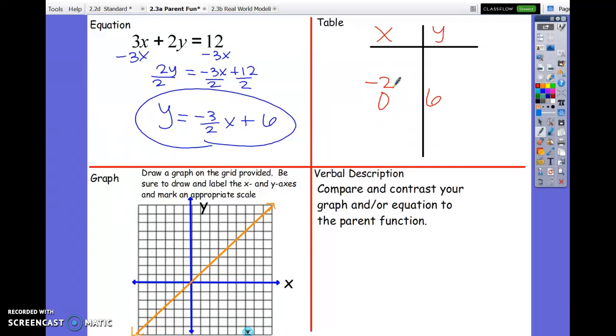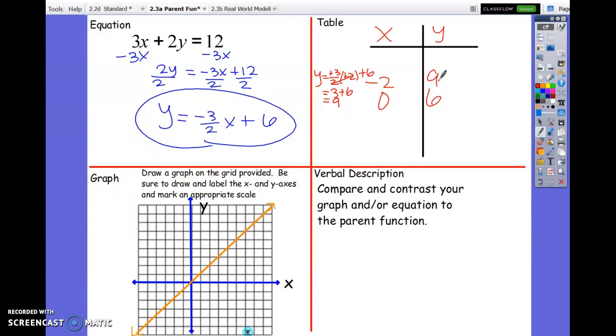We plug that into our equation. Y equals -3/2 times -2 plus 6. The negatives cancel out, the 2's cancel out. We just have 3 plus 6. So when x is -2, y is 9.